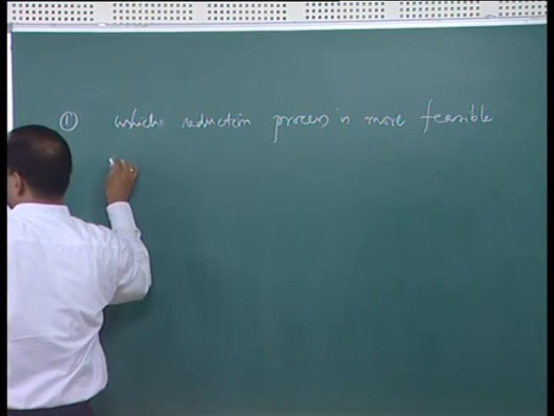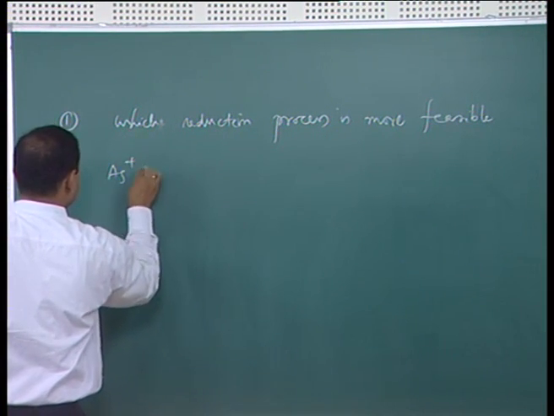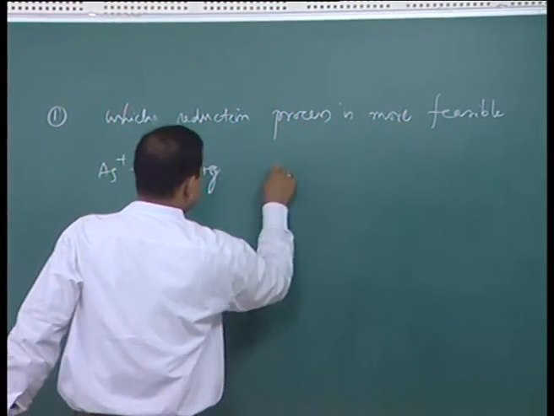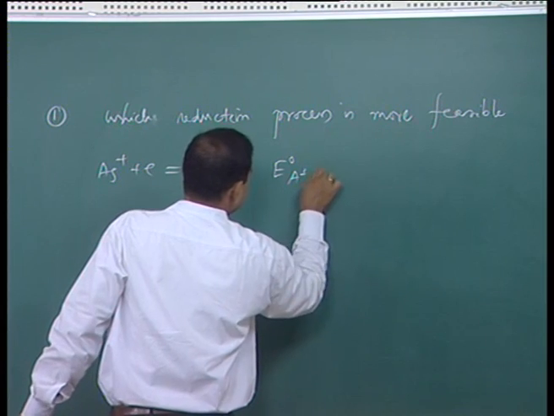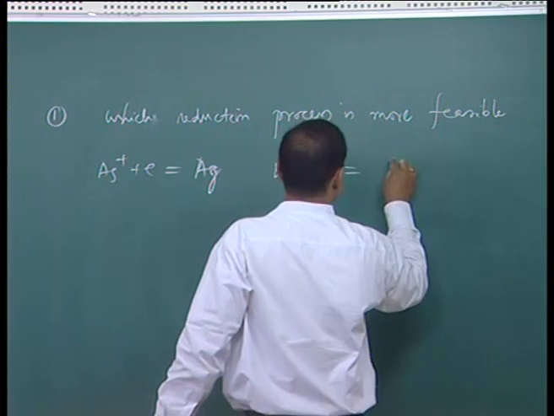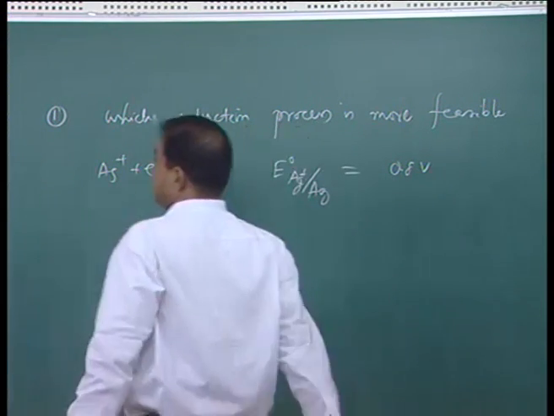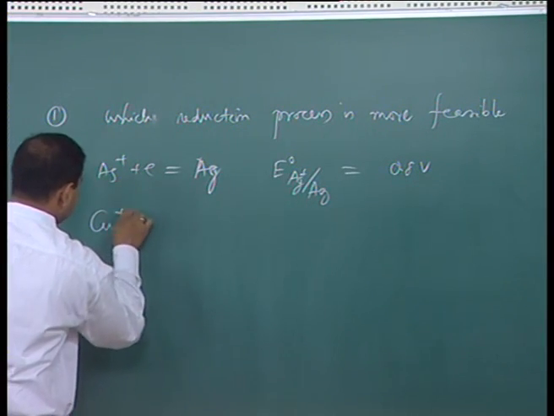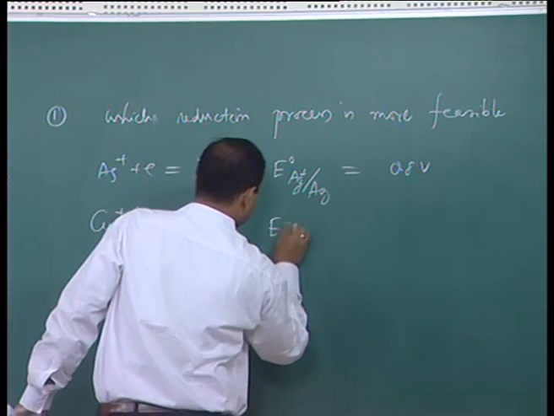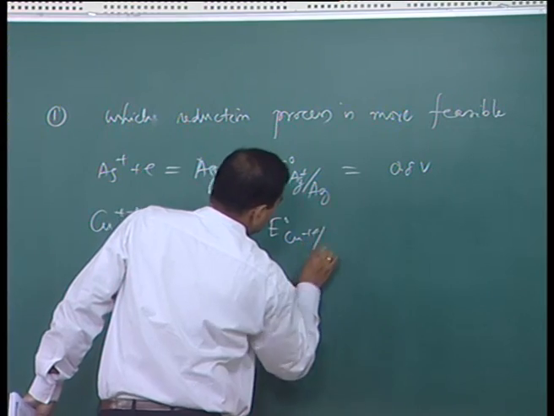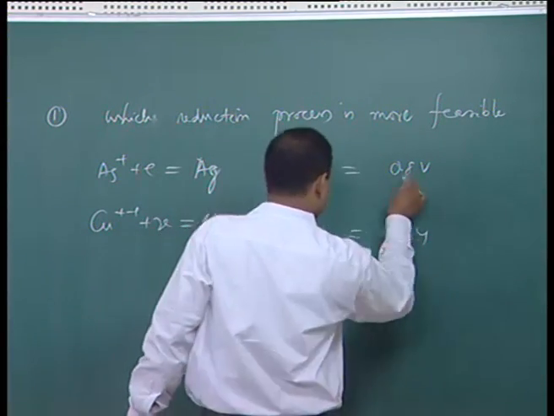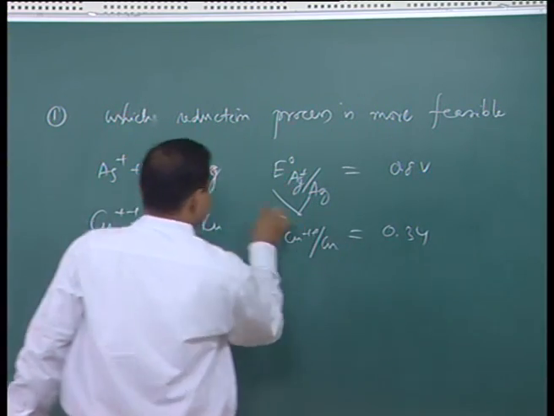That means let us say if we have Ag+ + e- = Ag, in that case E0 for Ag+/Ag equals 0.8 volt, and if we have Cu2+ + 2e- = Cu, in that case E0 for Cu2+/Cu equals 0.34 volt. So this value is greater than this.